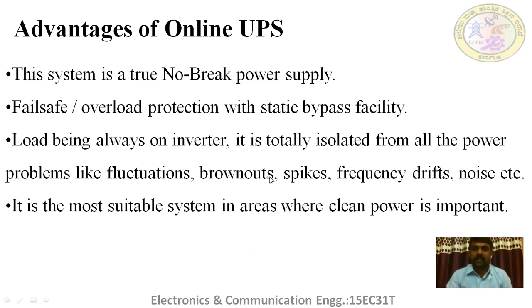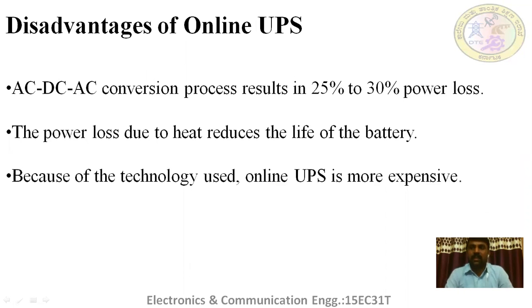But there are some disadvantages here. The AC, DC, AC conversion process results in 25 to 30% power loss. During this double conversion, that is AC to DC and DC to AC, there is a power loss.